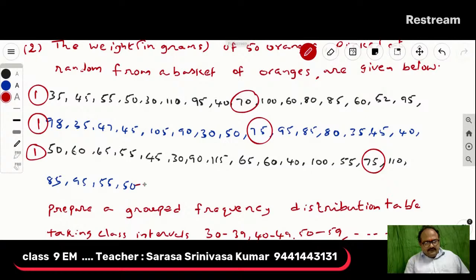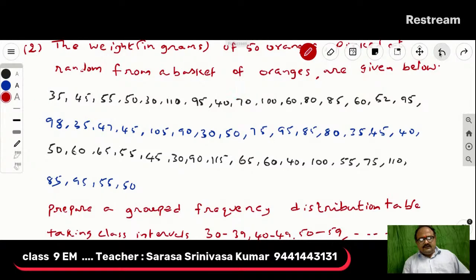And the fourth row, 0. There are no oranges having the weight from 70 to 79 grams. Now, how many oranges are there in this class interval 70 to 79? 1 plus 1 plus 1, that is 3 oranges.